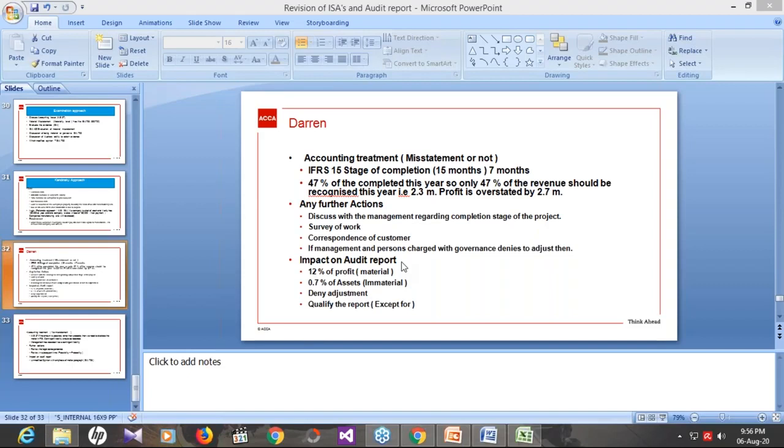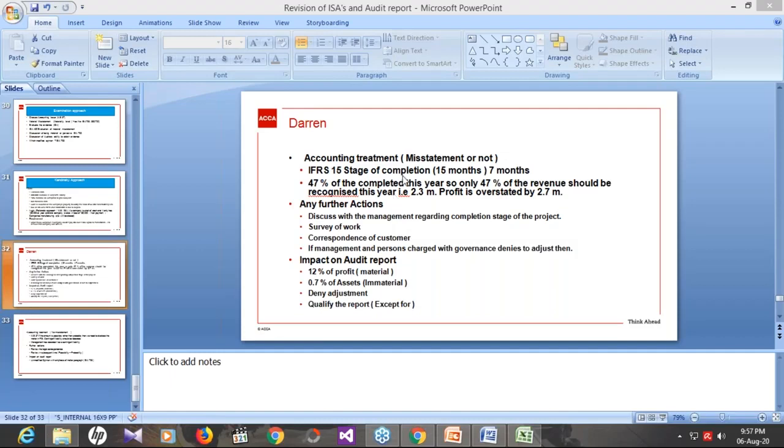What a student normally does is give just 2 or 3 lines of explanation on accounting treatment, and then jump to the impact on the audit report, and straight away say that the report needs to be qualified. So he misses out all the easy points. He needs to discuss line by line and give proper time.